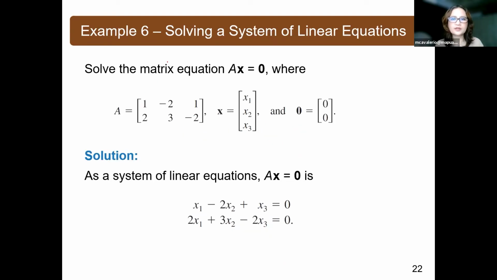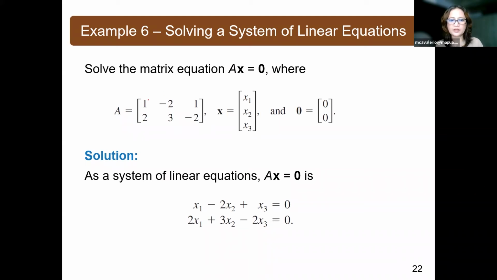Now let us try to solve a system of linear equations using the matrix equation AX equal to 0. So say A is a 2 by 3 matrix, then we will have X equal to x sub 1, x sub 2, x sub 3, and the right side is equal to 0. Solution. So as a system of linear equations, we will come up with AX equal to 0, right?